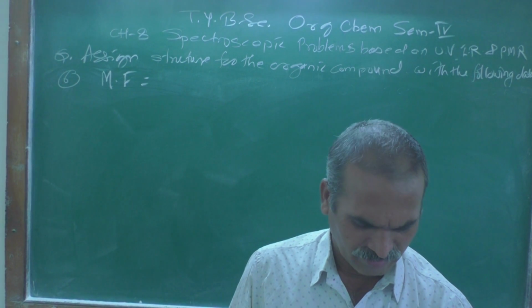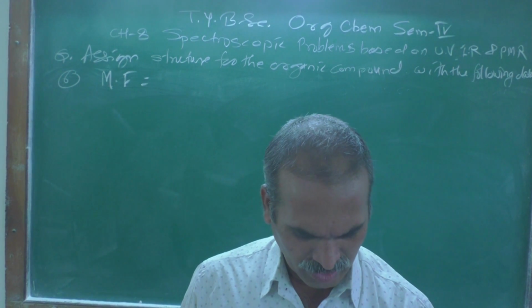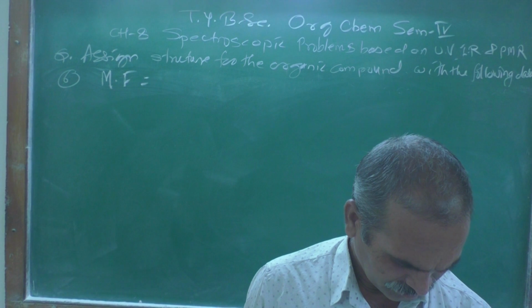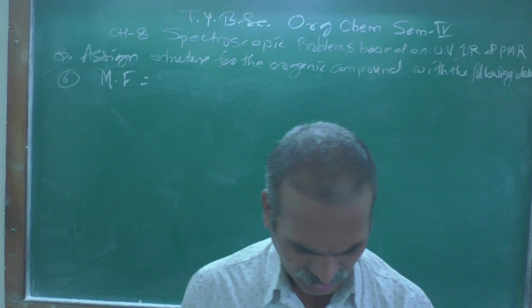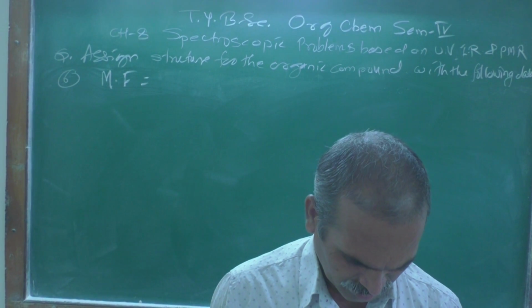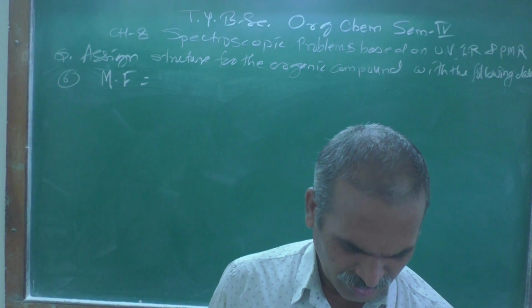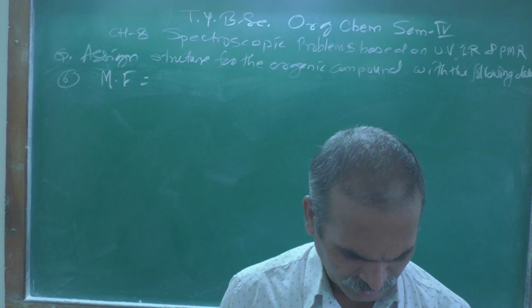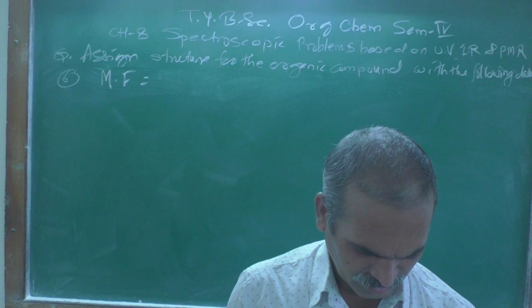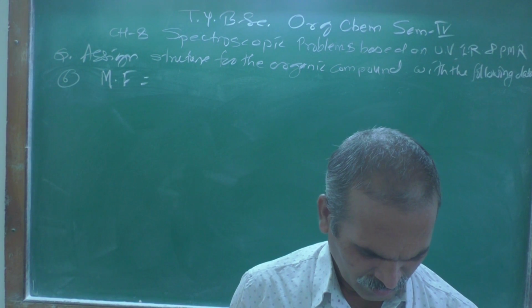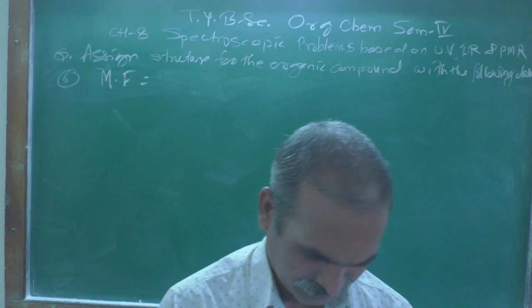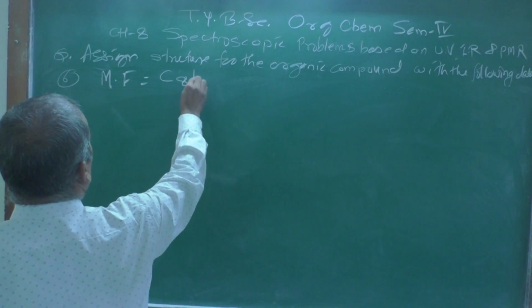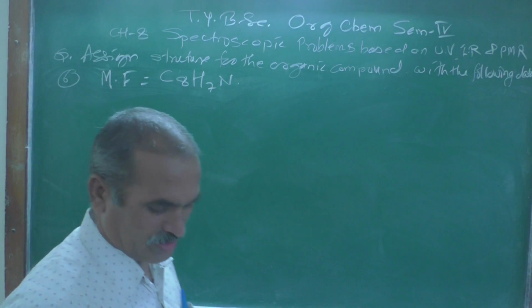The molecular formula of the given organic compound is C8H7N. So the molecular formula is given here.